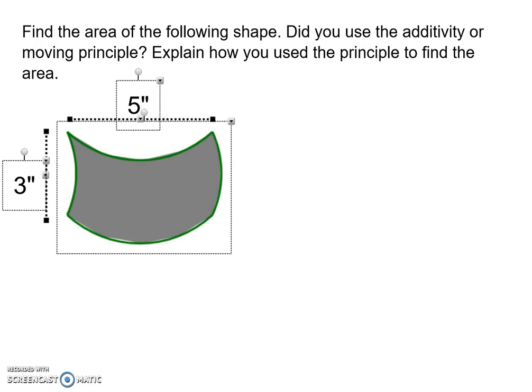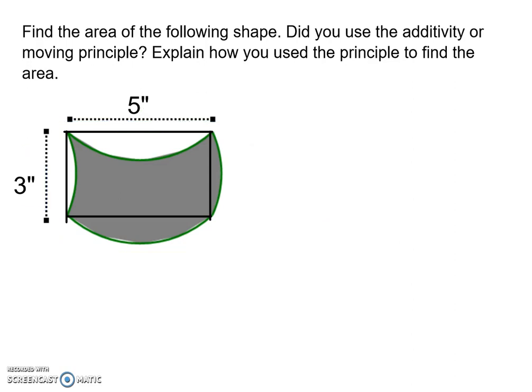Now with the flag, what I can do here, and I'm going to use an actual tool. Say that I look and say, oh, I can't deal with the curves, but what if I draw straight lines across? What do I notice happens? What I notice happens is, in essence, I have these boxes where I can take my bottom piece here and shift it right here and shade this in.